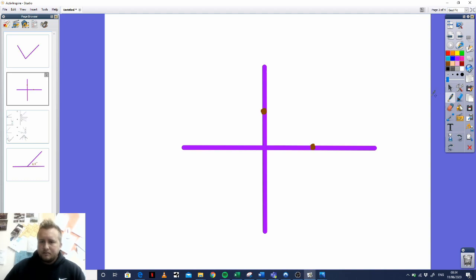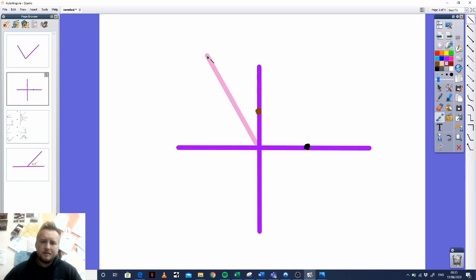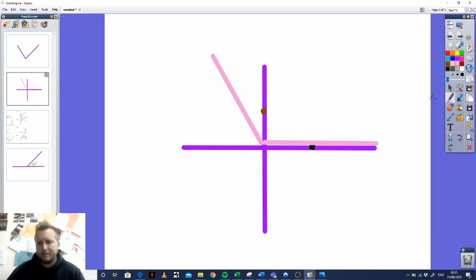However, it could be larger. It could go from this point over here, and it could go all the way past the 90 degrees. So you could go all the way past. Whee! Look at that. It's gone past 90 degrees.